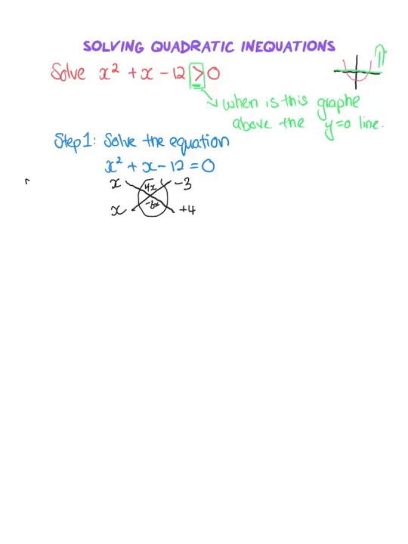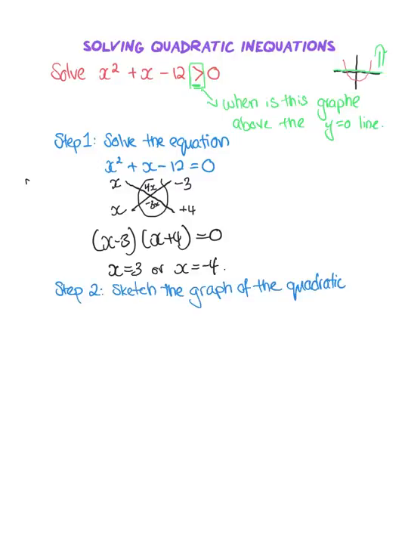So I can factorize it to (x minus 3)(x plus 4) equals 0. Solving for x, x could equal 3, or x could equal negative 4.